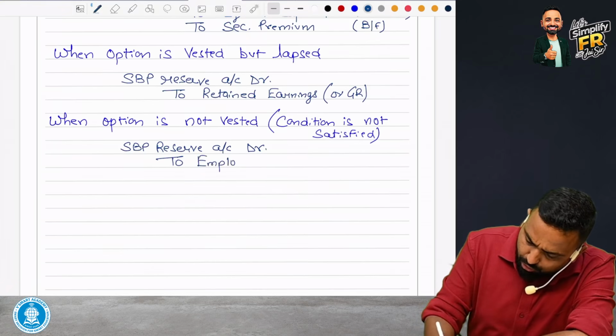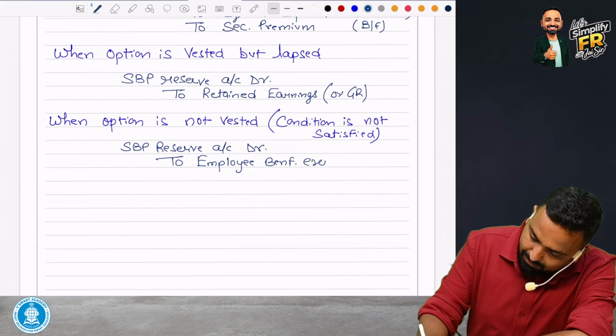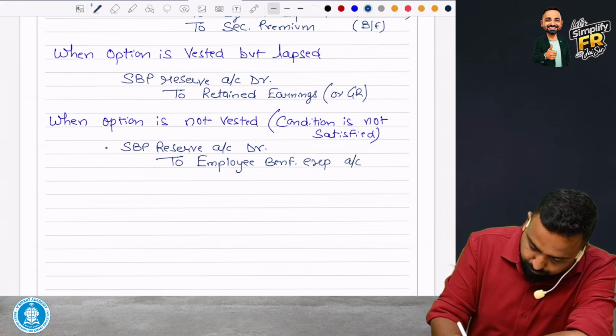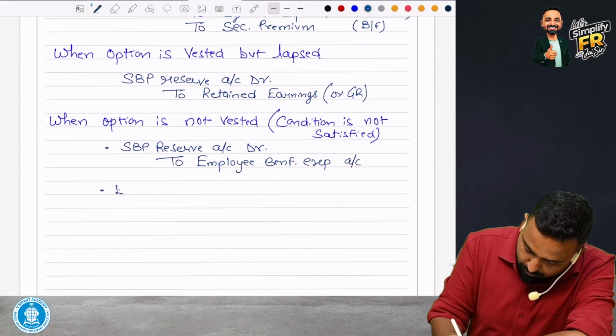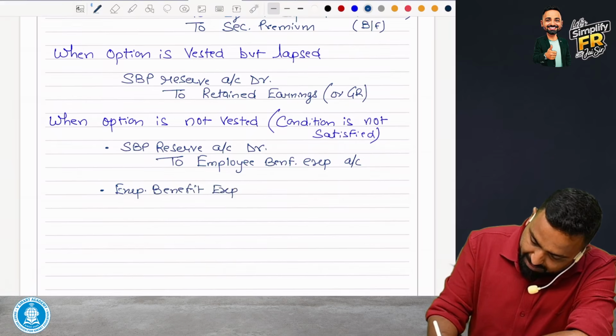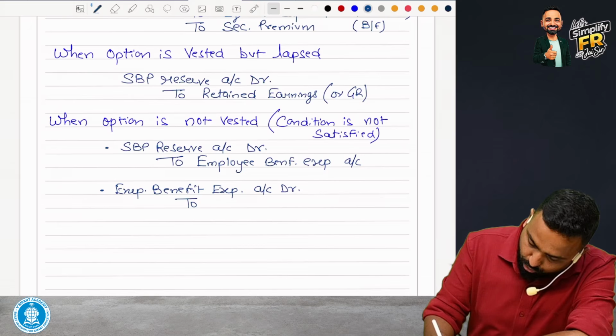Don't use P&L. Second, employee benefit expense. And then employee benefit expense debit to P&L.